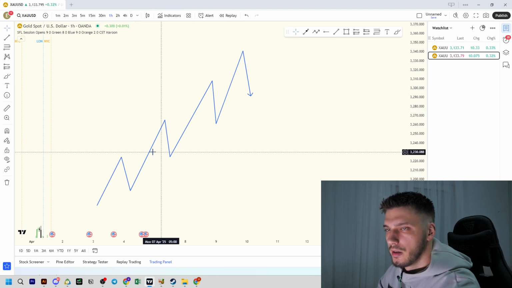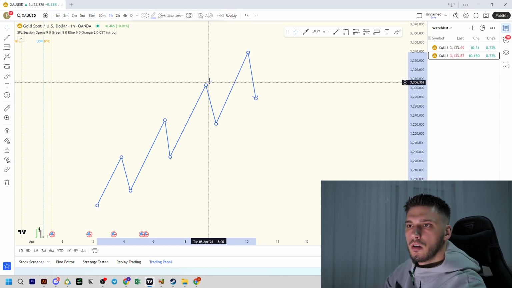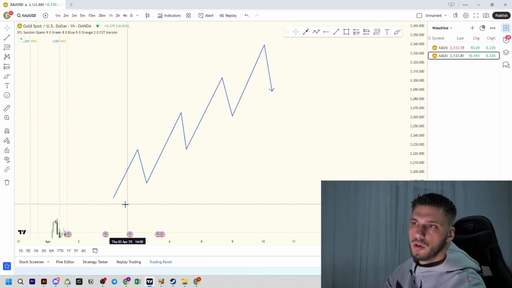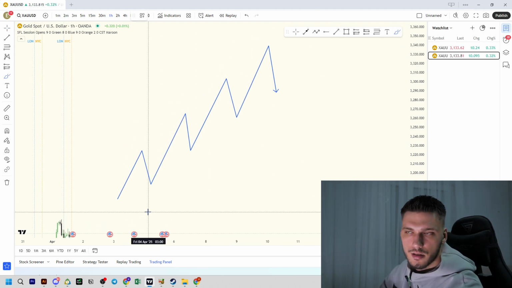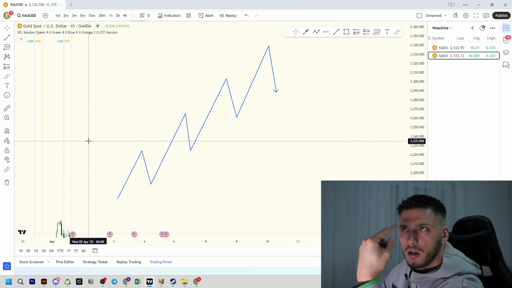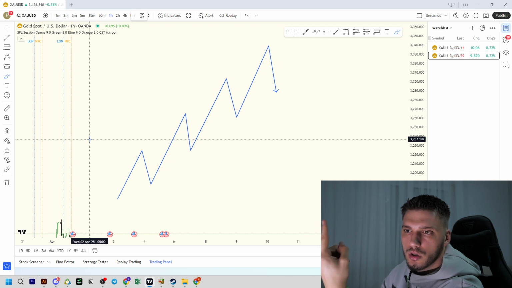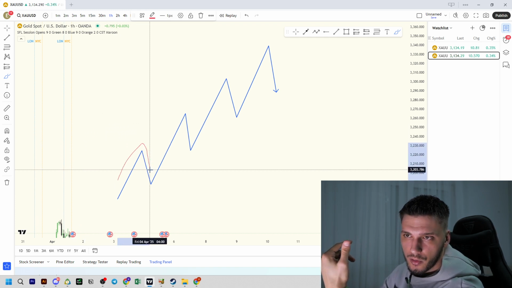Now, let's take what we draw here. Let's take this for example. I drew here a perfect uptrend, and now we want to identify the highs and lows of this uptrend. Now, how would we do this? Let's think. What was a high? A high was a move up and a move down.